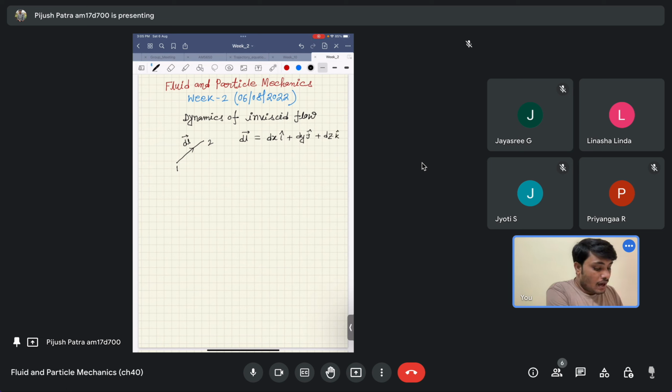Okay, the question which I am asking is, what is the pressure difference between these two points? And the answer to this question will essentially lead to something which is known as the Bernoulli's equation, or you can say that it is the equation for any inviscid flow.